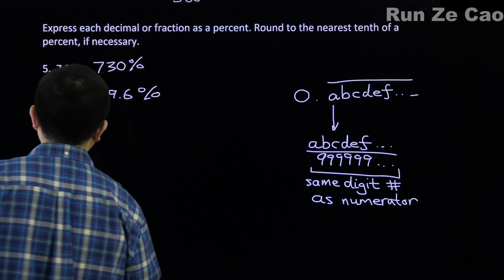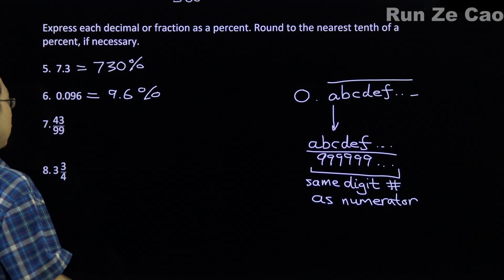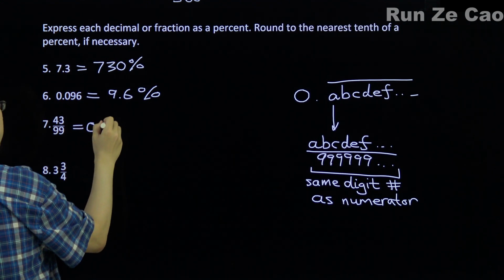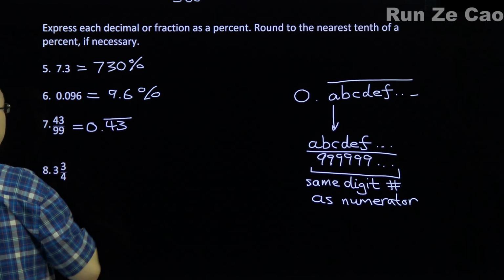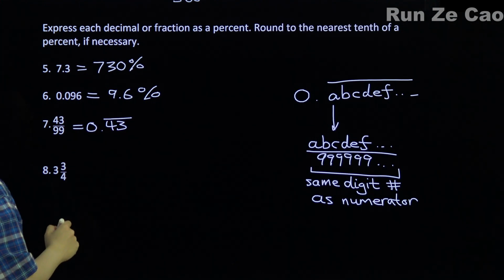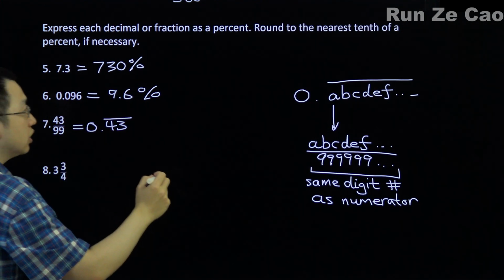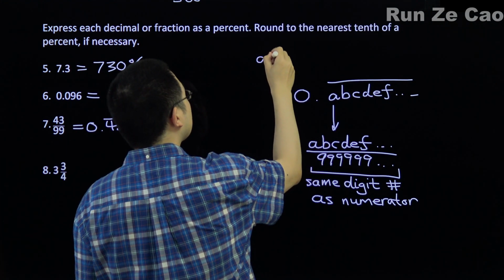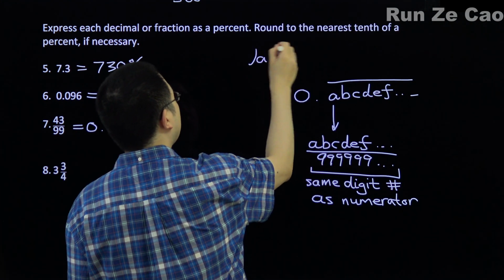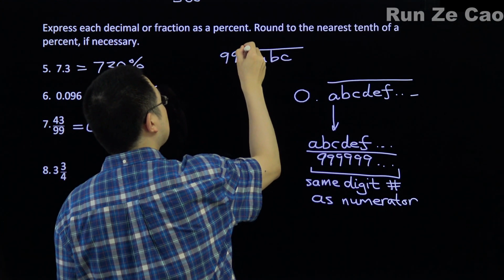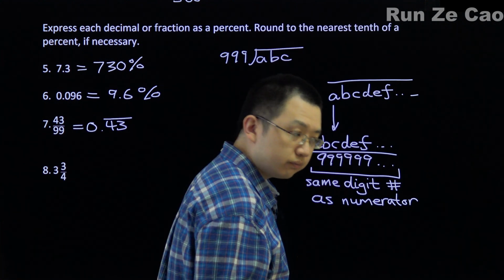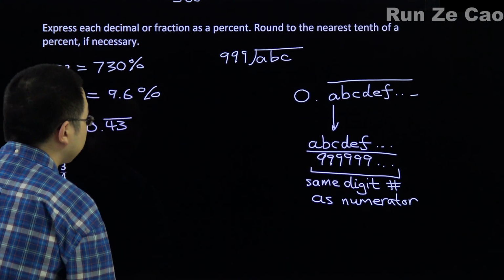So 43 over 99 is equal to 0.43 repeating. You can try long division and you will be able to prove with, say, ABC divided by 999 that this ends up repeating itself. You're welcome to try it if you like.